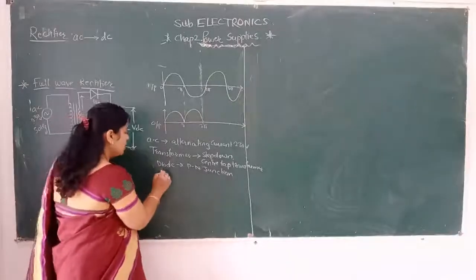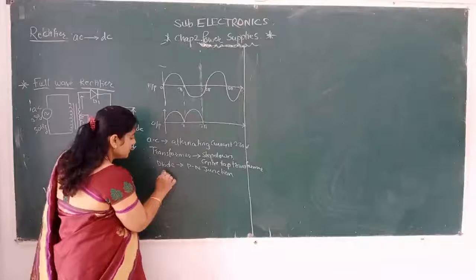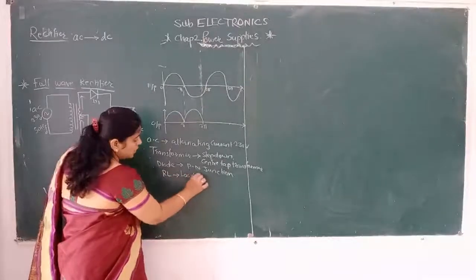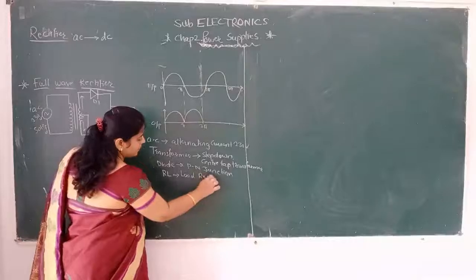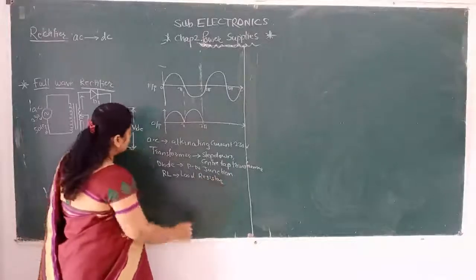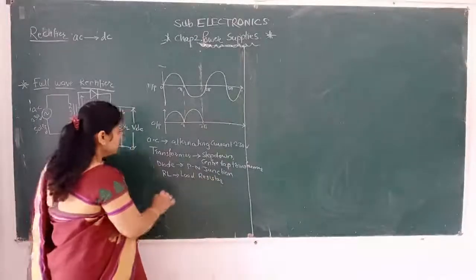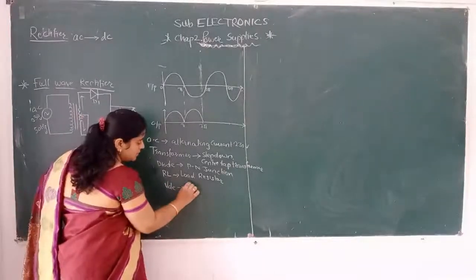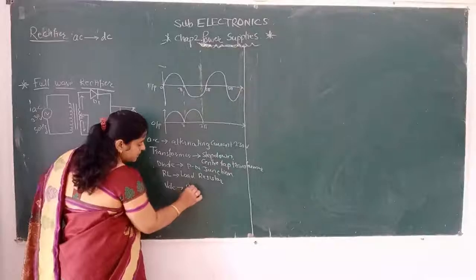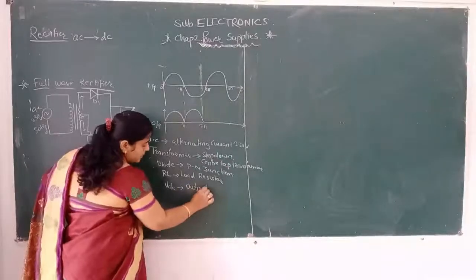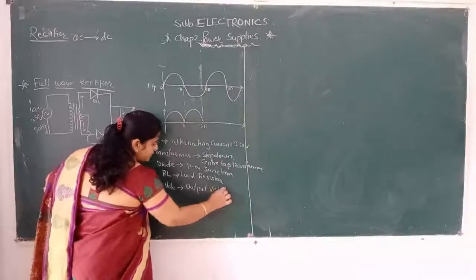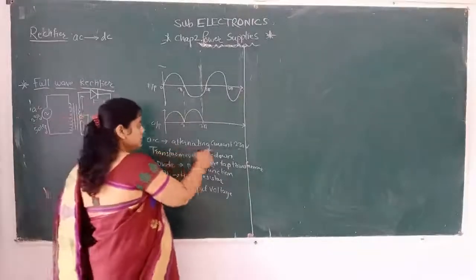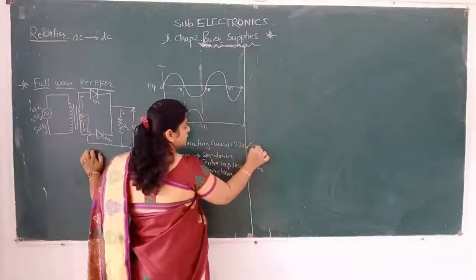Next is RL, which means the load resistor. Across this load resistor we get the output, that is VDC. What we get here is the output voltage, and what we apply here is the 230 volt input voltage.